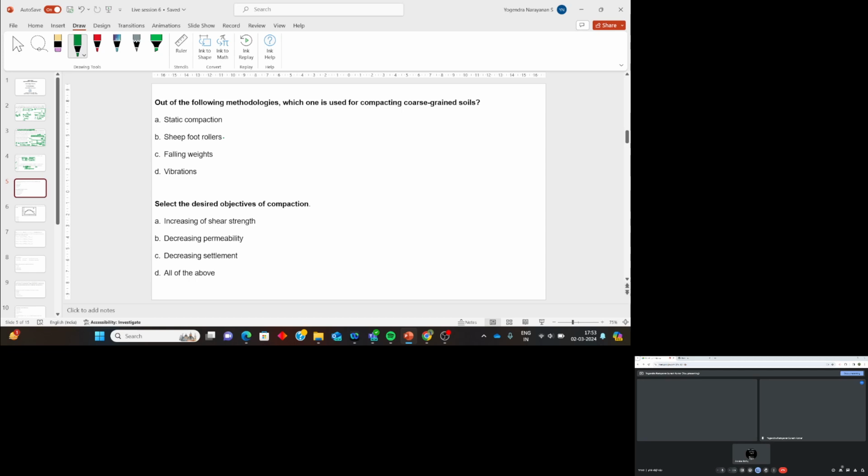Sheep foot rollers are more suitable for clays. And falling weights are more suitable for deep compaction.